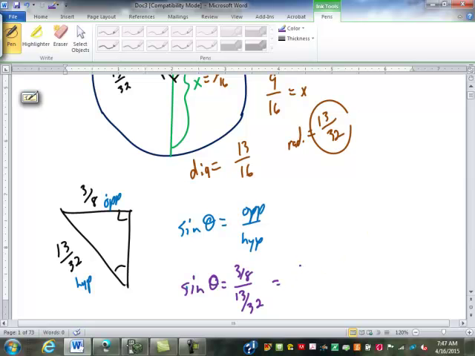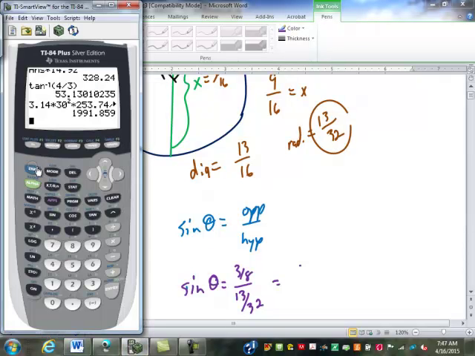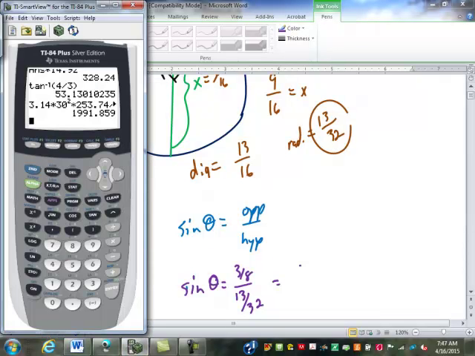Which gives us, we're going to do an inverse sine. So second sine. Oops, second sine. If your calculator has a fraction key you'd be able to use it.